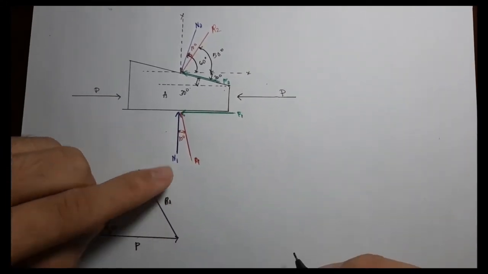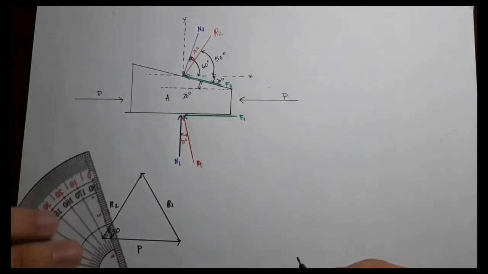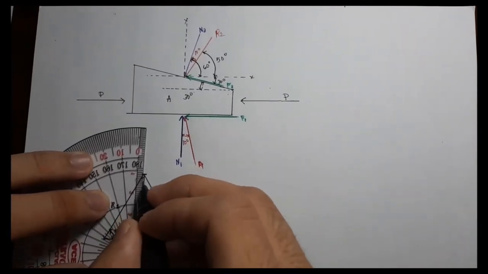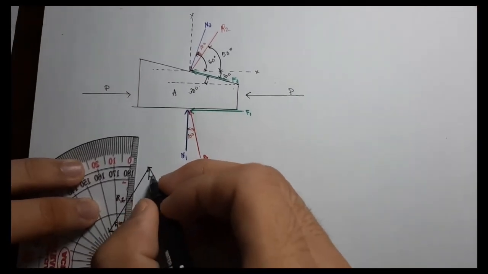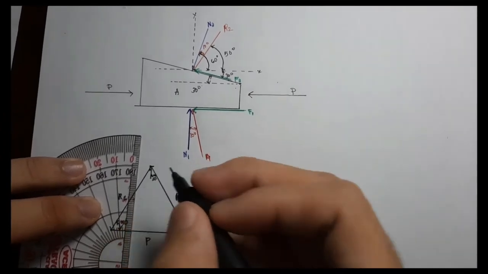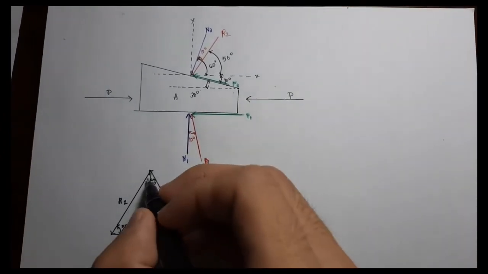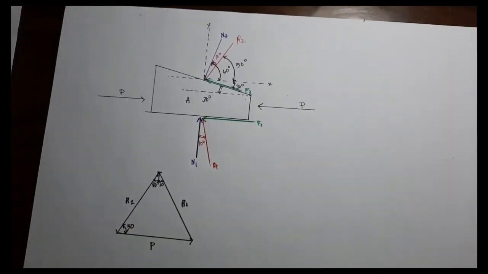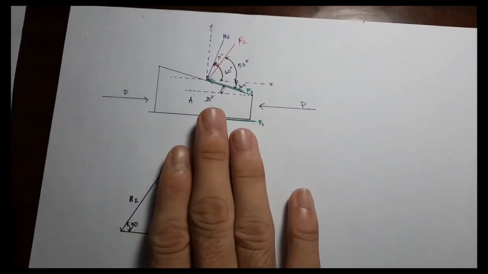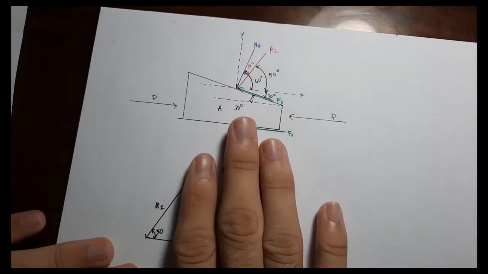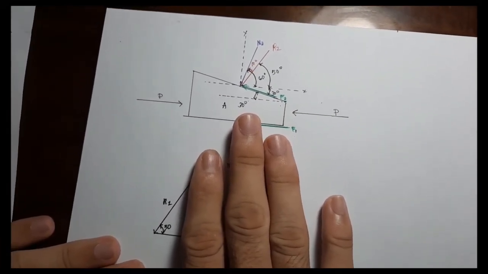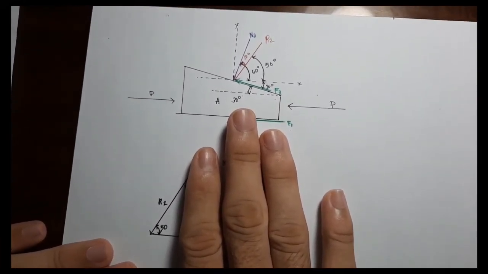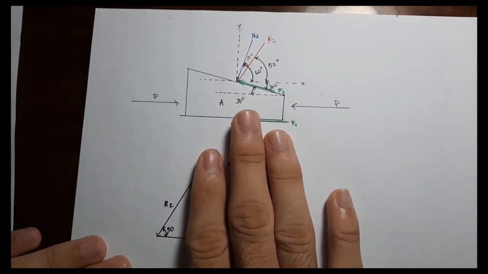Next, R1 intercepts the y-axis, so this will be 10. And this angle here will be 40, because if we cut the triangle in half, we will form a right triangle, and we all know that the angles inside a right triangle sum to 90 degrees.